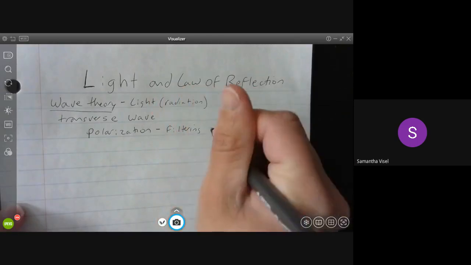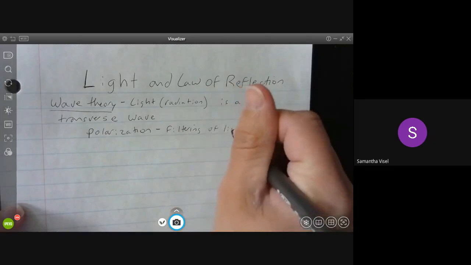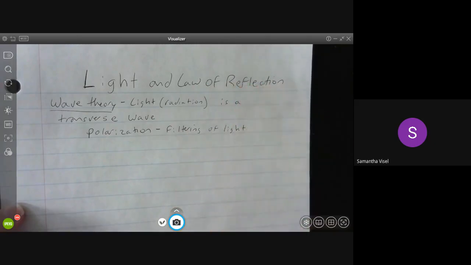In this case, the filtering of light. And so you have a medium in which light cannot pass through. And so what polarization does is if you orient that medium in a particular direction, it blocks the light waves from passing through in that particular direction.